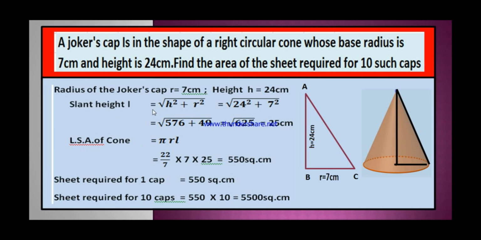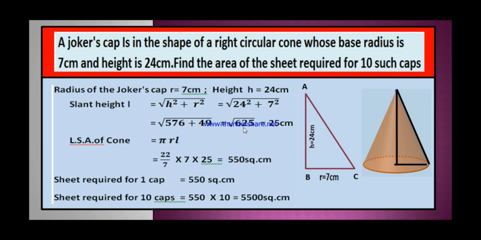L is equal to the square root of H square plus R square. Here H value is 24 and R value is 7. If we substitute, 24 square is 576 and 7 square is 49. If we add, we get 625, and the square root of 625 is 25 centimeters.